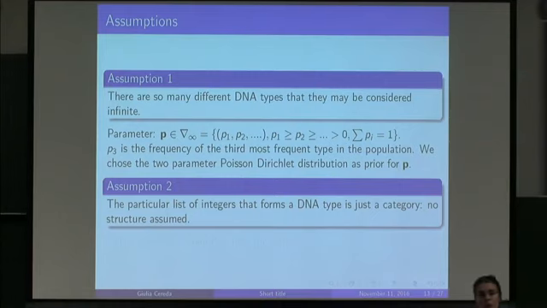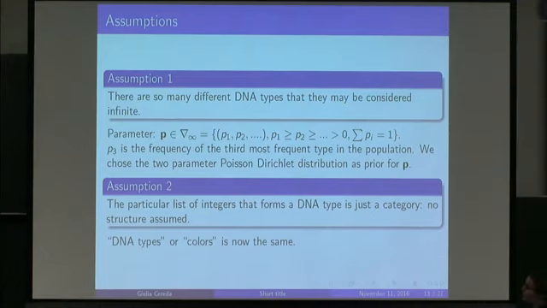So I don't want to use the information of the particular list of numbers that form my YSTR type. Calibe yesterday described the models based on this assumption as multinomial models. We throw away the information about the exact numbers inside the sequence. We don't put any topological structure, and we just consider the category. So now DNA types are the same as colors.